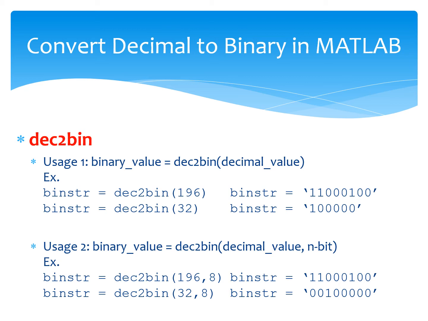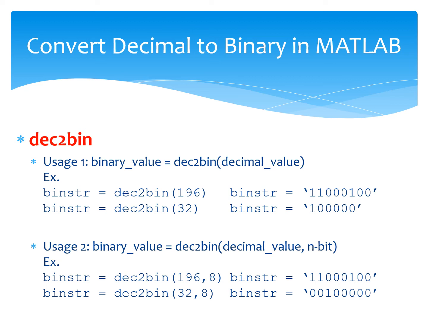The DEC2BIN function is overloaded. The first usage is that we can call the DEC2BIN function with a decimal value as the only input parameter. The returned binary string has no leading zeros.